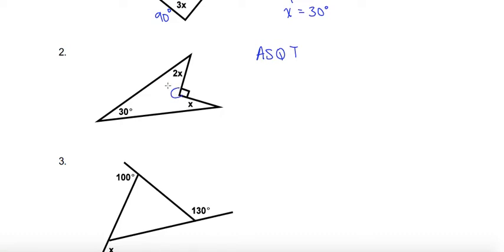This was our reflex angle. How do I find the reflex angle? If I complete this circle, I take my 360 degrees and subtract the angle on the outside, which is 90. So this angle is 360 minus 90, which is 270 degrees. So the reflex angle is 270 degrees.